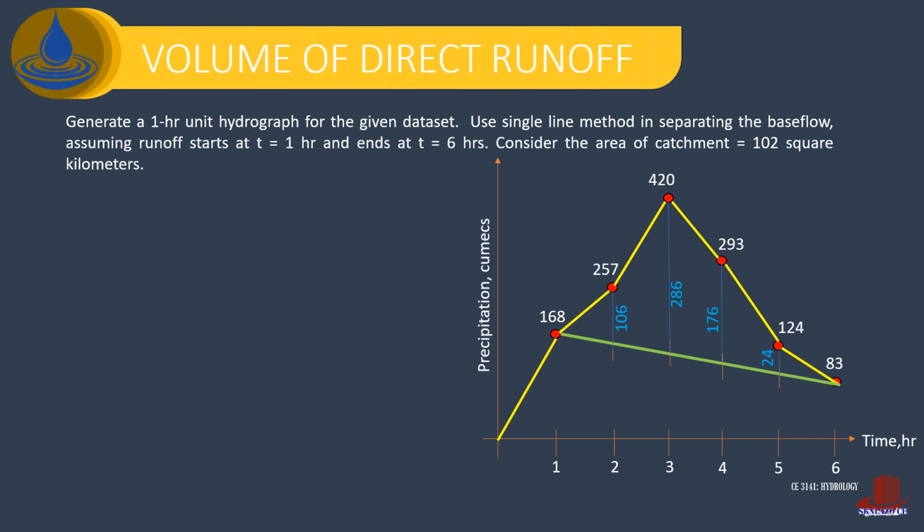In generating the unit hydrograph, we need the volume of direct runoff, and that is the area of the graph above the base flow. In the illustration, we are looking for 5 partial areas. A1 is a triangle with base of 106 cumecs and 1 hour height.